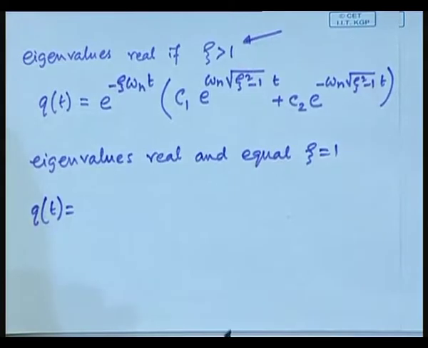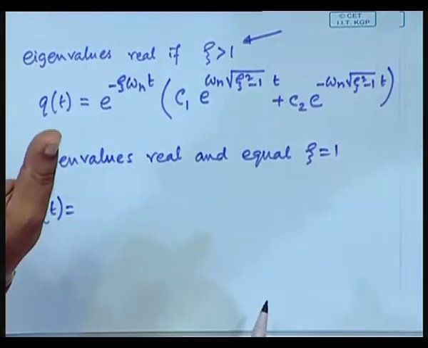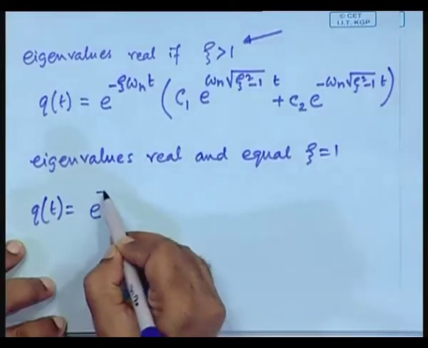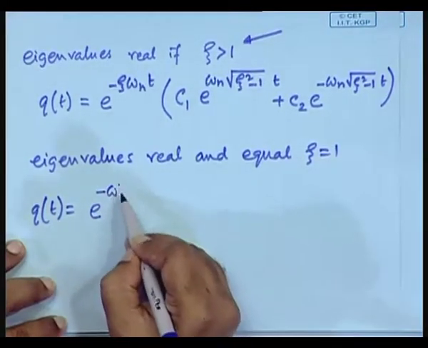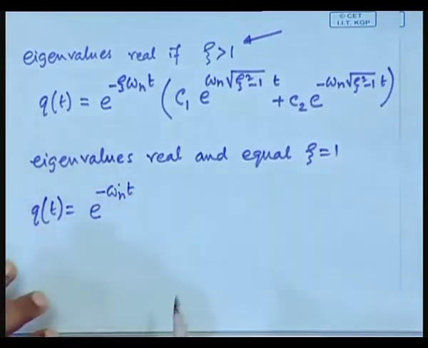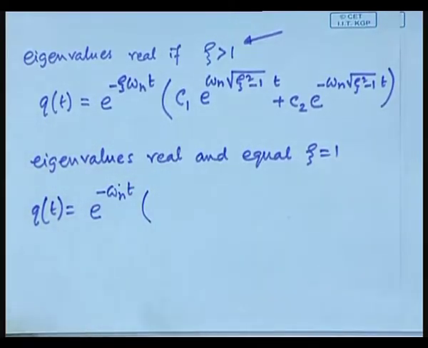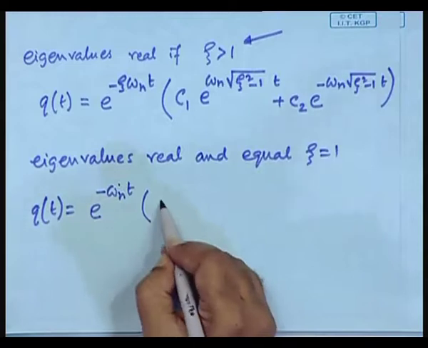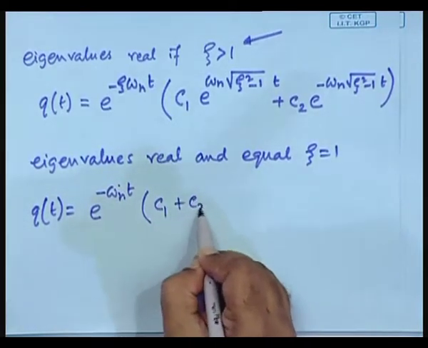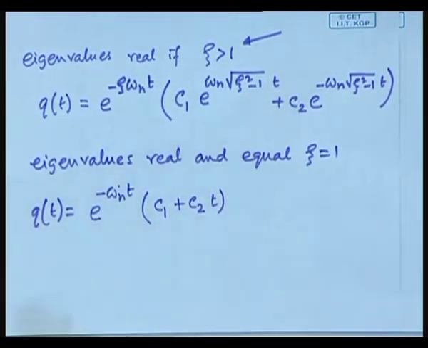There are two components. One component is e to the power minus zeta is 1 omega n t times what? Yes, C1 plus C2 t. So, that will be the solution in that case.